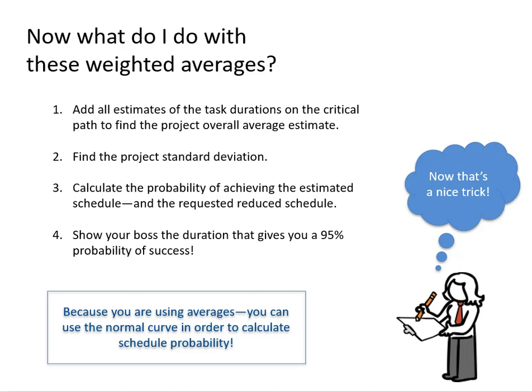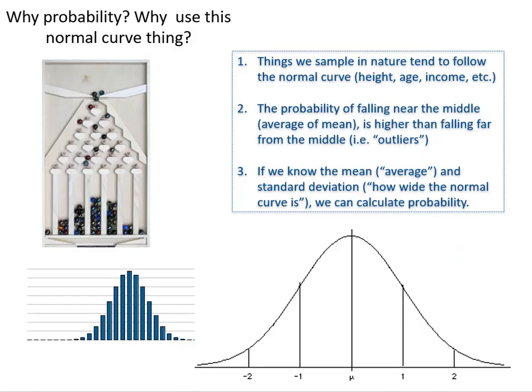CPM cannot do this because it does not use probabilities. PERT can. So it gives you opportunity to include estimates of others, best case, worst case, most likely, combine them using averages, and then find the project mean, standard deviation, and you can start calculating probabilities.